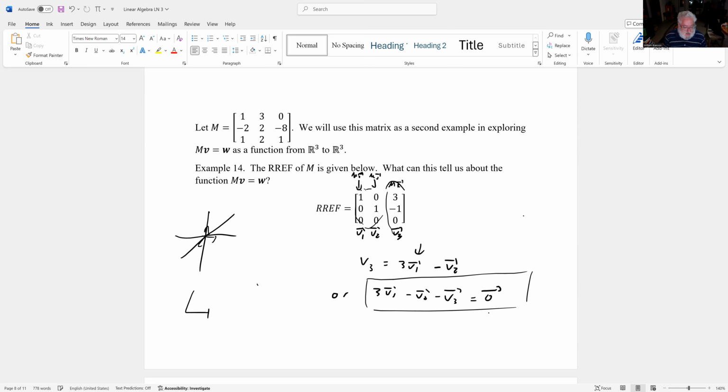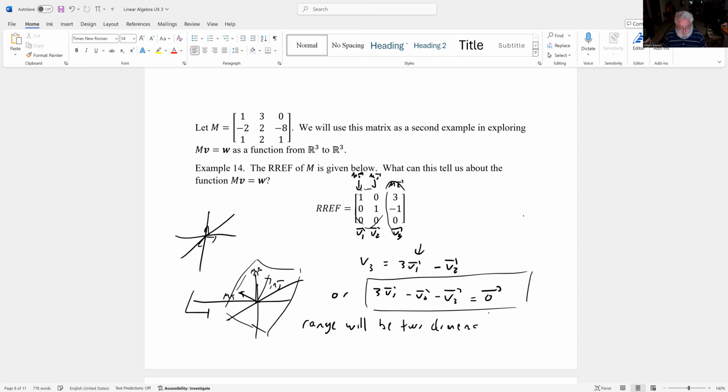And then we're going to end up going to 3 dimensions again with M sub I and M sub J, wherever they are, and they're going to span a plane. And M sub K is going to be in that plane. So the span of this, the range, will be two-dimensional. We're losing a dimension along the way.